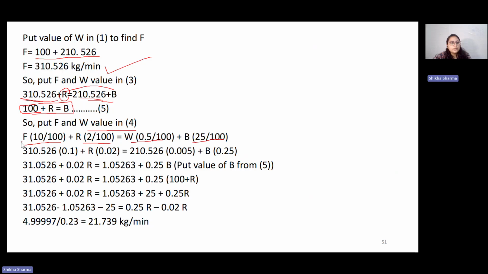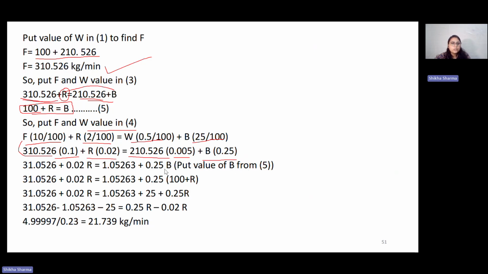F would be 310.526 into 10 by 100, which is 0.1, plus R into 2 by 100, which is 0.02, equals W, 210.526 into 0.5 divided by 100, which is 0.005, plus B into 25 divided by 100, which is 0.25.